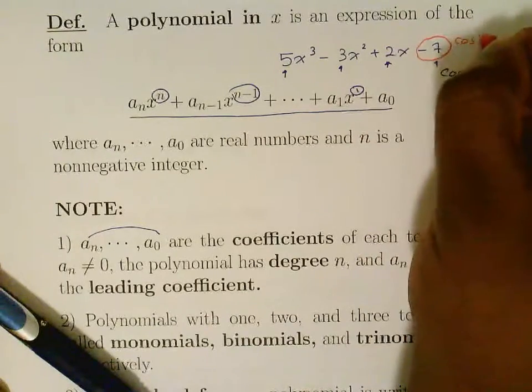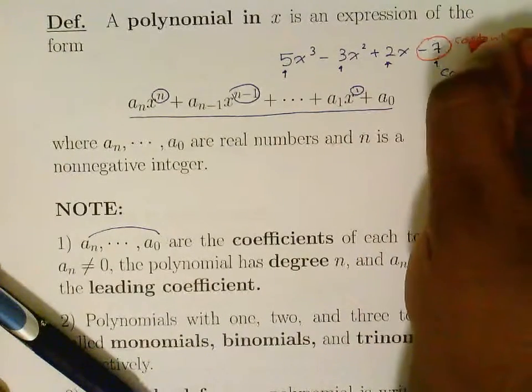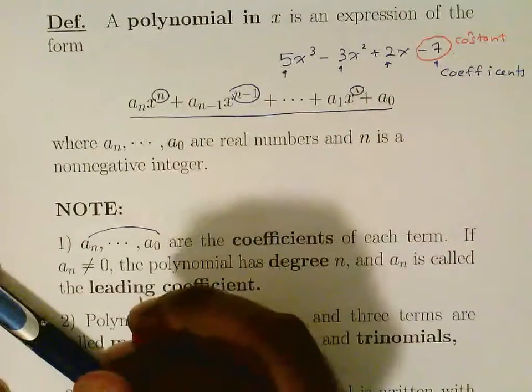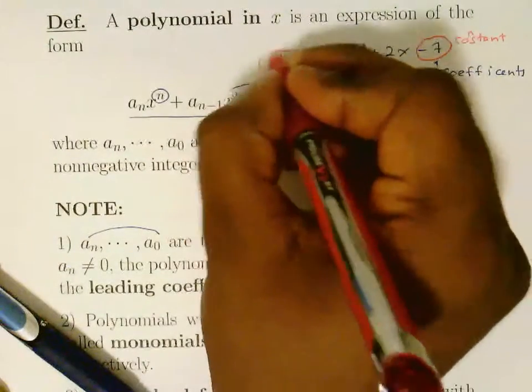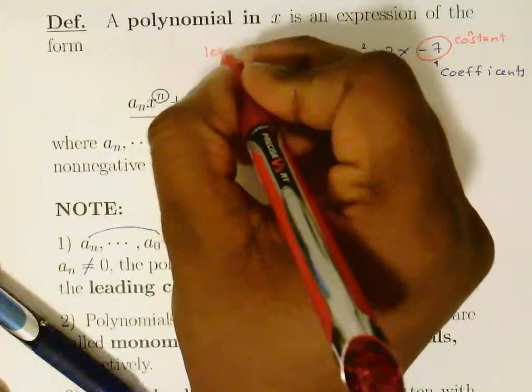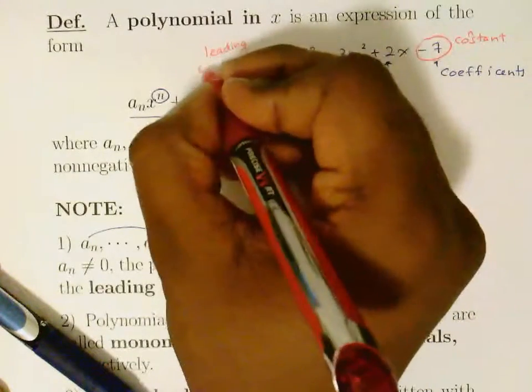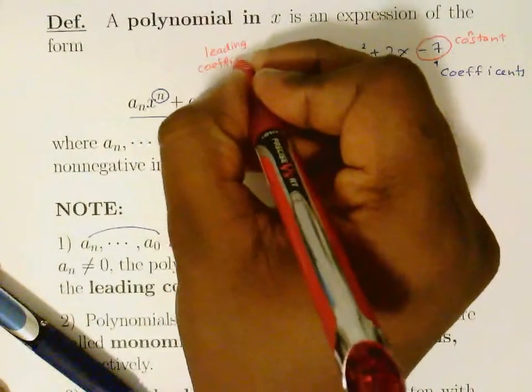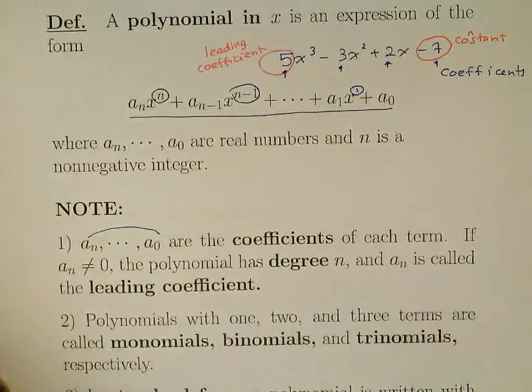It's just called the constant. And this first number also has a name. It's called the leading coefficient. Now, remembering the names of these concepts is somewhat important, because in the future, when I want to refer to it, I will just say leading coefficient and you should know what I'm talking about.